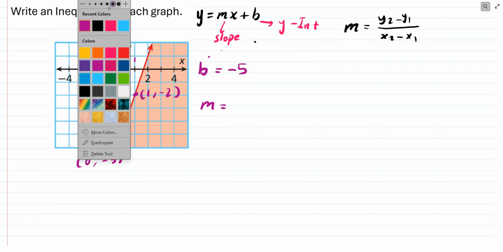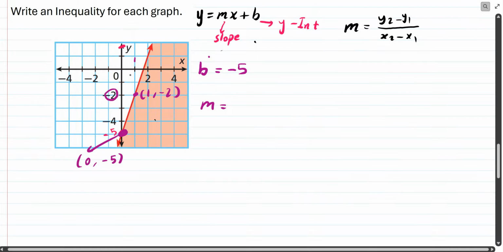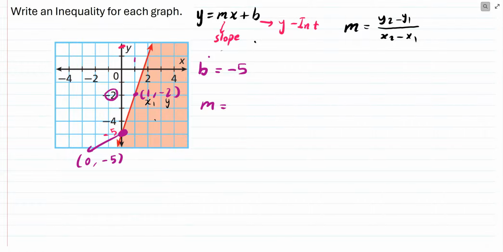Dear students, now if I label them, you can label anything as you like. You can make this one x1, y1, and this one x2, y2, or you can change them. No different.